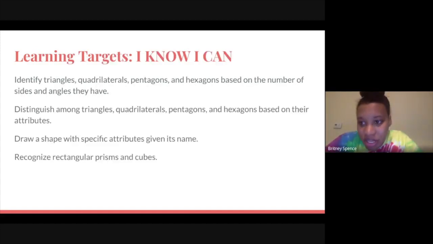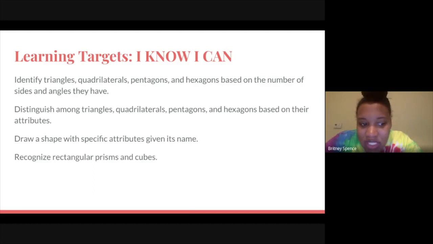Okay, so our learning target. Remember, I know I can. I know I can identify triangles, quadrilaterals, pentagons, and hexagons based on the number of sides and angles they have. I know I can distinguish among triangles, quadrilaterals, pentagons, and hexagons based on their attributes.